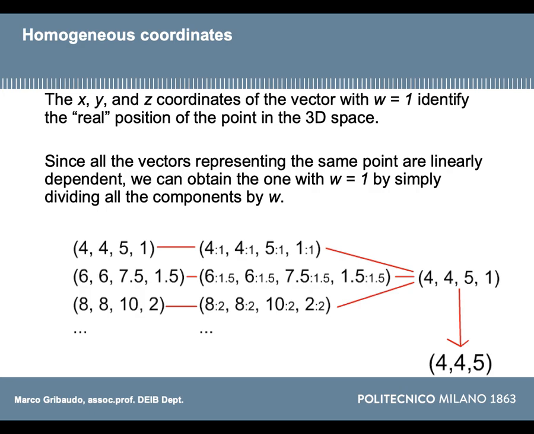Okay? And of course, once the last component is 1, we have the actual coordinate, and we can forget about that and come back to the actual coordinate in the 3-dimensional space we are going to use.